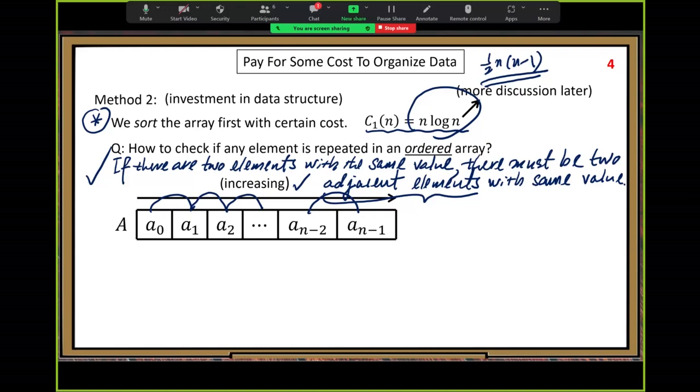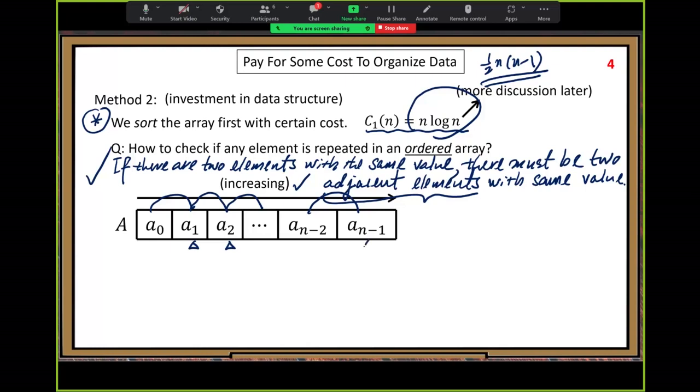The first pair, can you find some reference number for the first pair? For the first pair, you can use the subscript of the second element. For the second pair, the reference is the subscript of the last element in the pair, and so on.